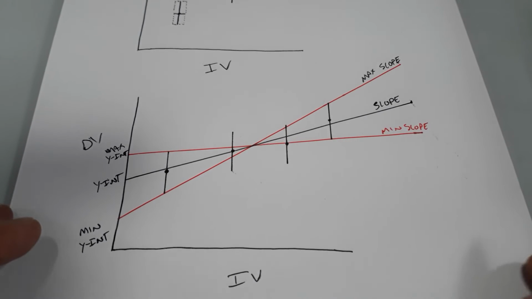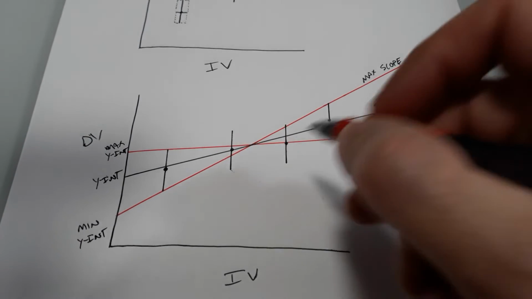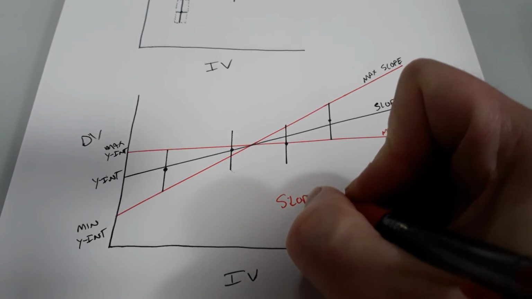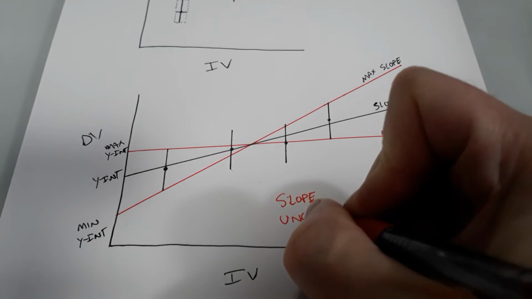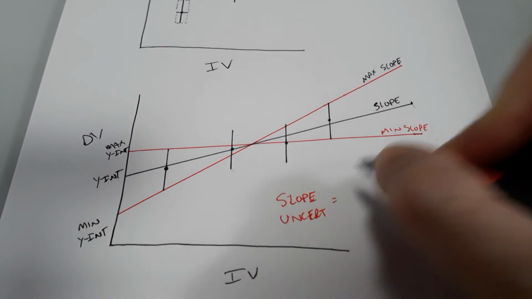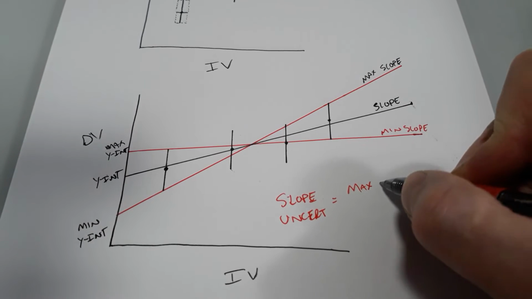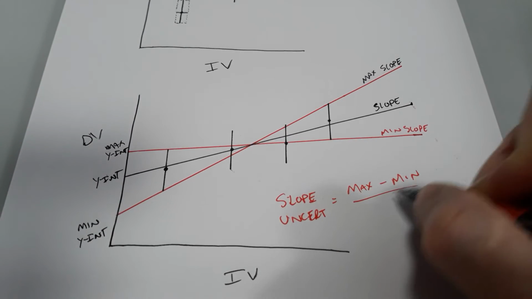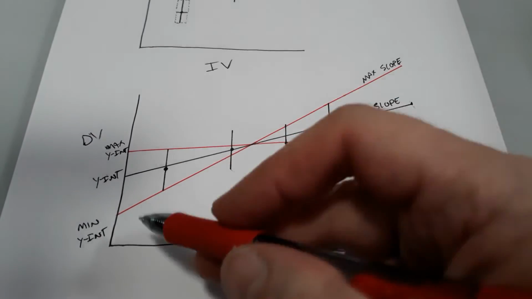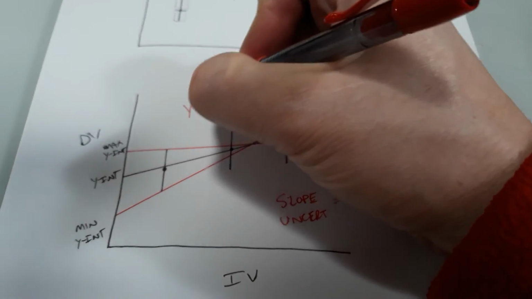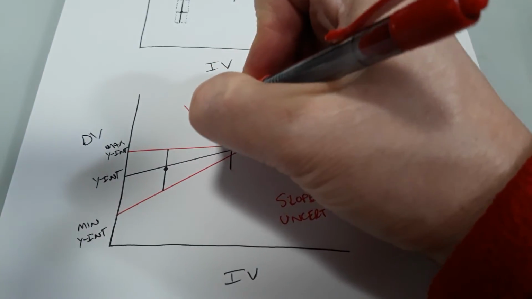Okay, so at this point, hopefully it's pretty clear. The way we're going to find the slope uncertainty is we're just going to use the range method. So we're going to take the maximum slope minus the minimum and divide it by 2. How will we find the uncertainty for the y-intercept? Same exact process.